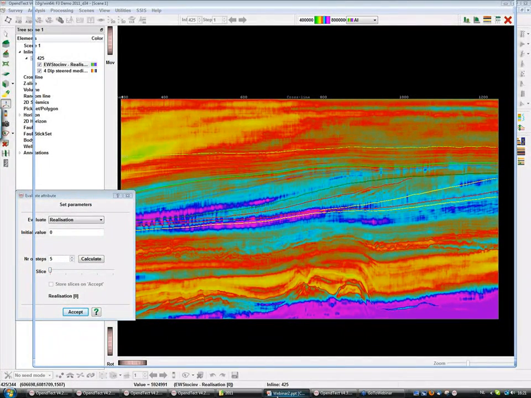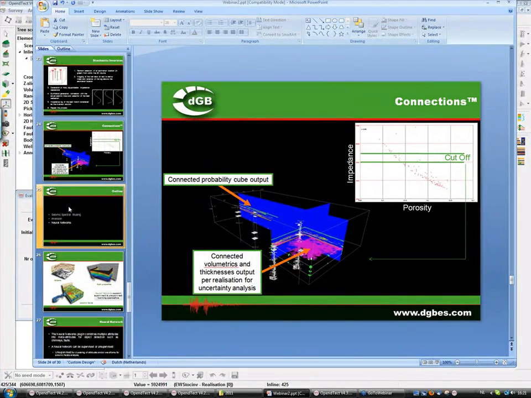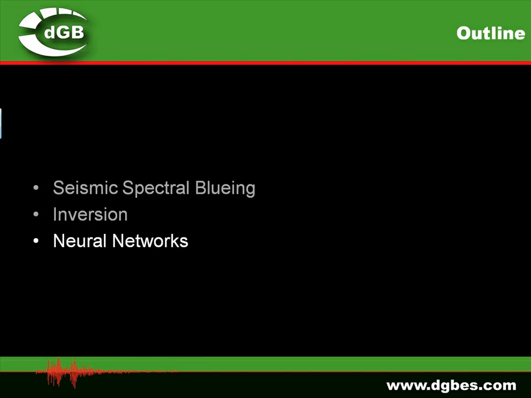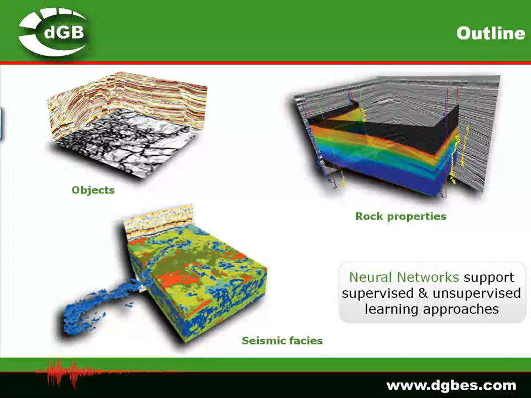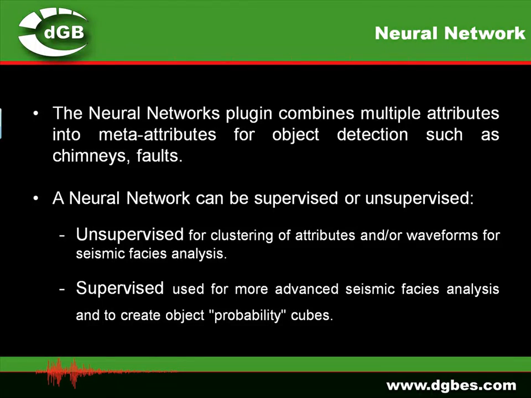Once you've done the inversion, you have information about the impedance in your entire volume, and you can go further in your analysis, and you can determine other properties. For that, you can use neural networks, which combine different attributes into a meta-attribute, and they will allow you to define objects, to map seismic facies, and also to do rock properties prediction.